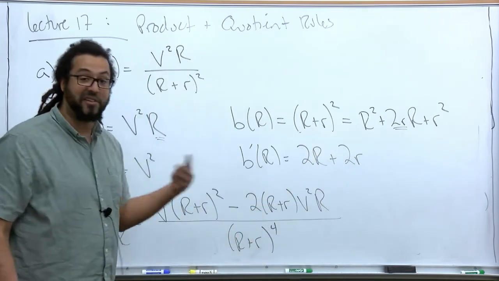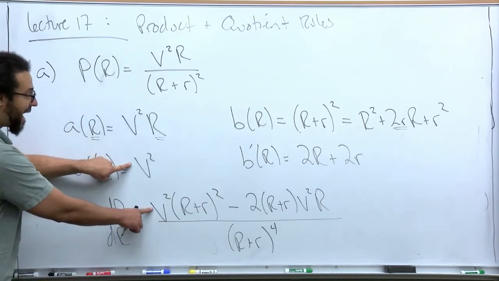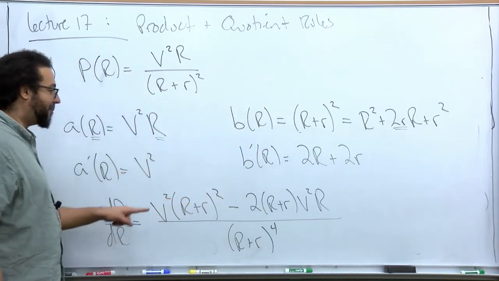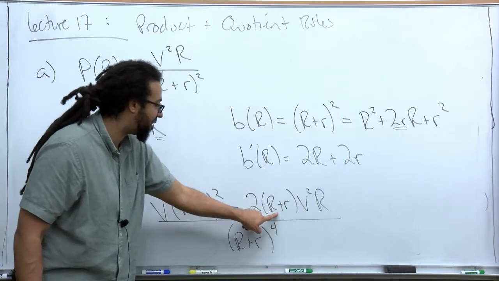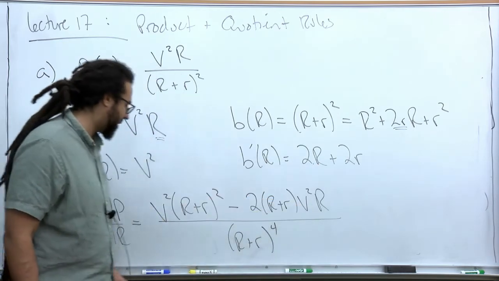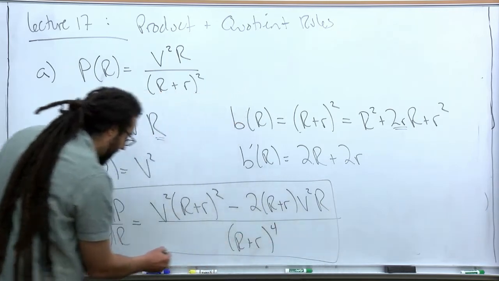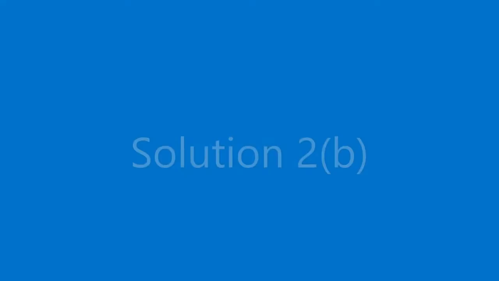So now we just assemble all the pieces using the quotient rule. It's the derivative of the top thing times the bottom thing minus the derivative of the bottom thing, so 2 times big R plus little r, times the top thing. So this would be a good final answer for the derivative of P with respect to R.